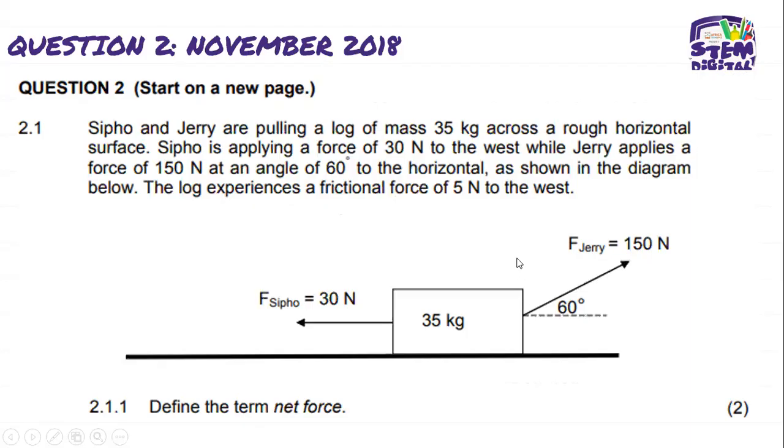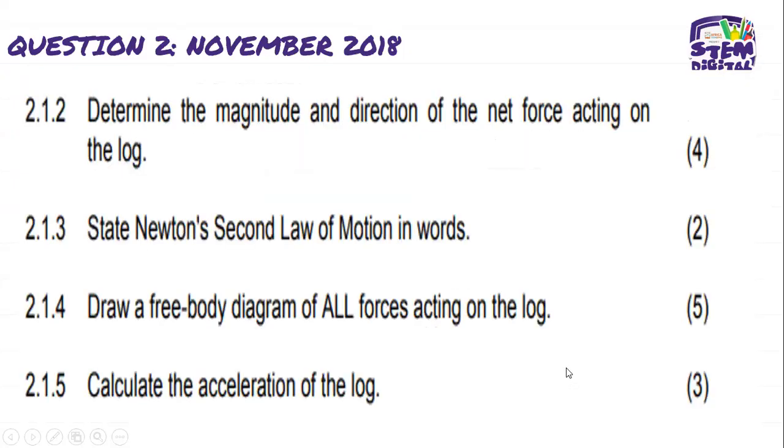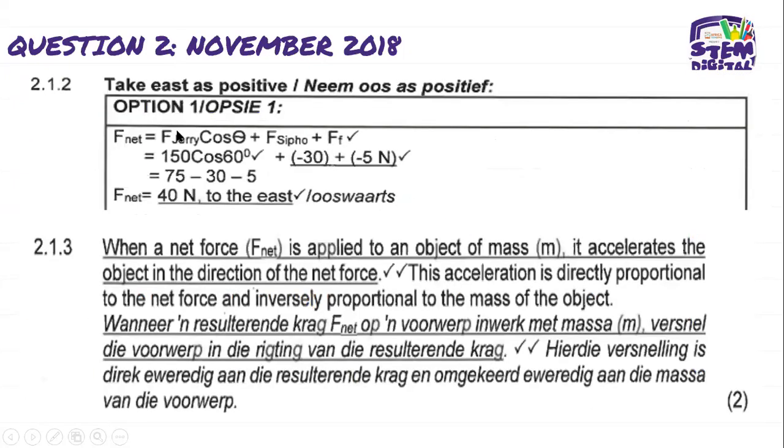Had I wanted the vertical component, it would have been the force that Jerry applies multiplied by the sine of theta. But because I want the horizontal component, it will be the force applied multiplied by the cos of 60 degrees. So the horizontal component will be 150 multiplied by the cos of 60.